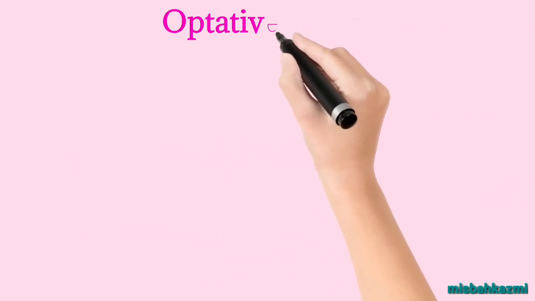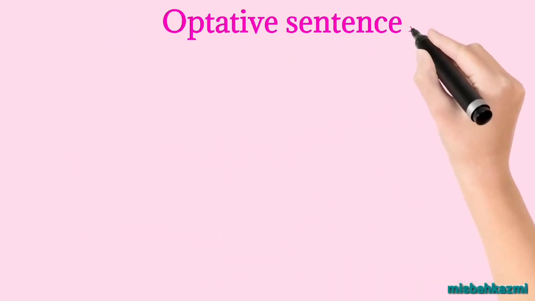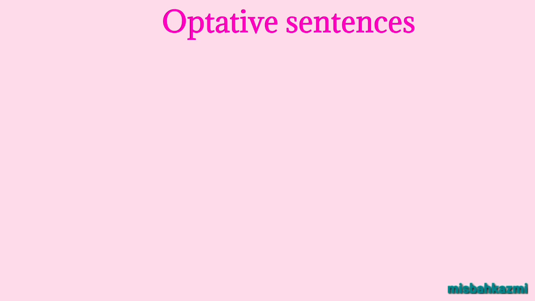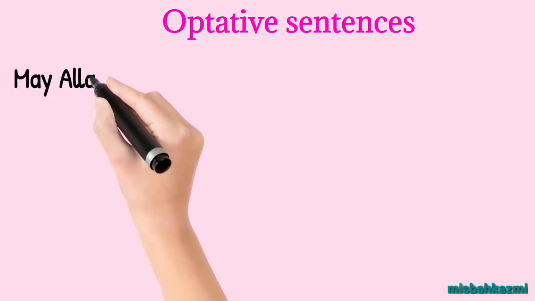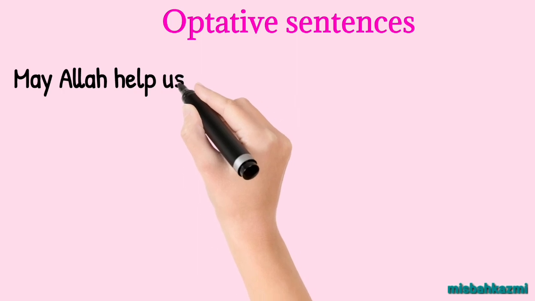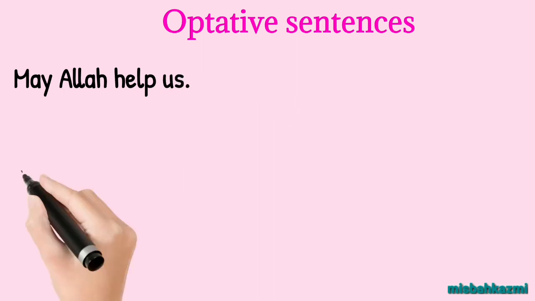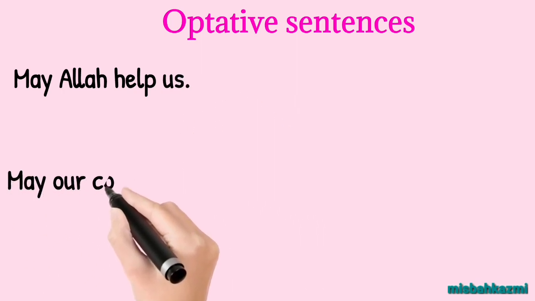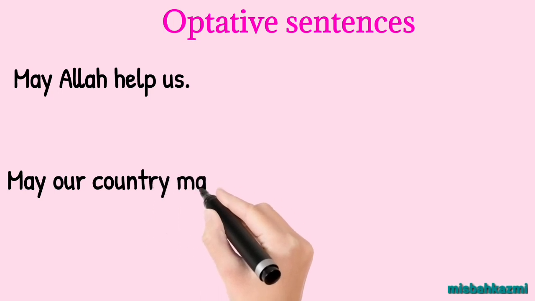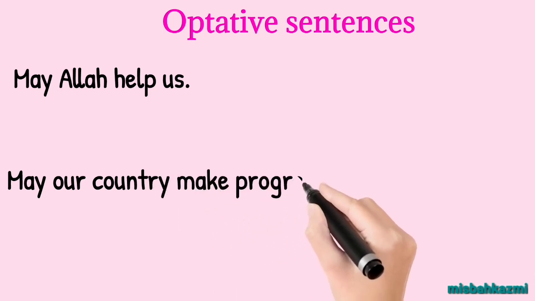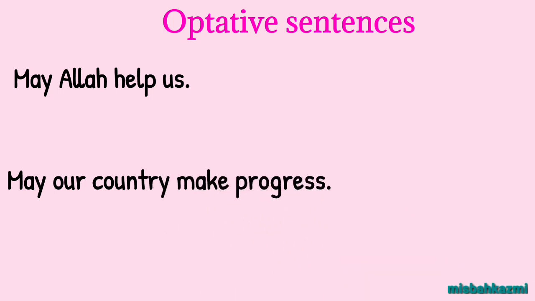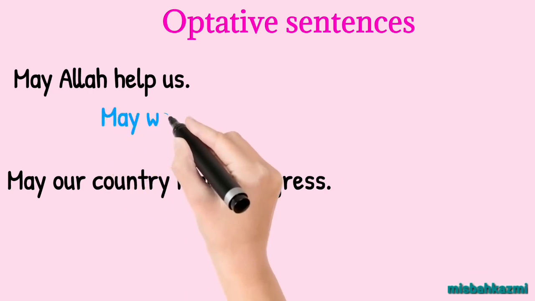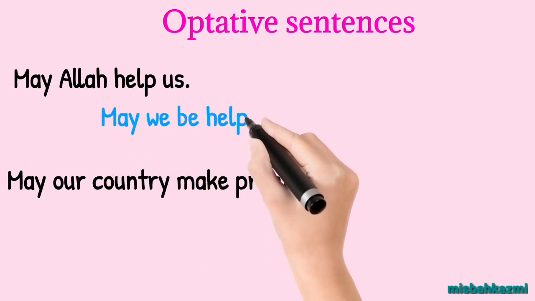Now we will discuss optative sentences, the sentences which include prayers. May Allah help us. This is the first example. May our country make progress. So let's check out how to change them. May will remain in the same place.